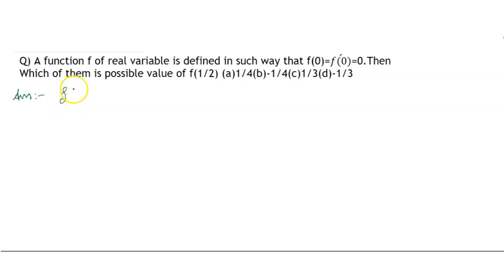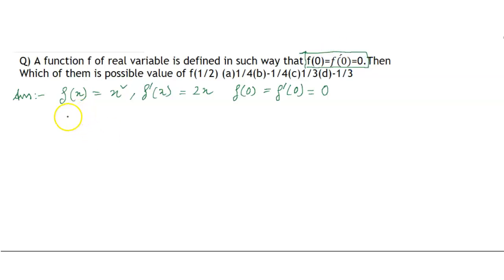Let f(x) equal x square, so f'(x) is equal to 2x, and f(0) equals f'(0) equals 0. So this condition holds. And f(1/2) is equal to 1 by 4. So option A is correct.